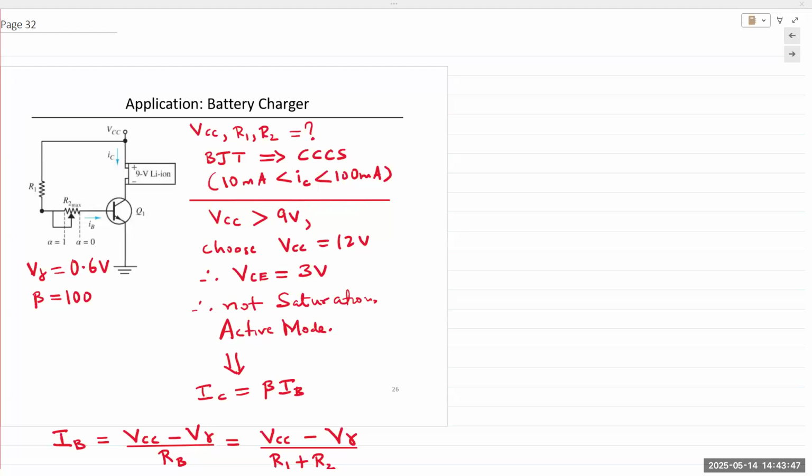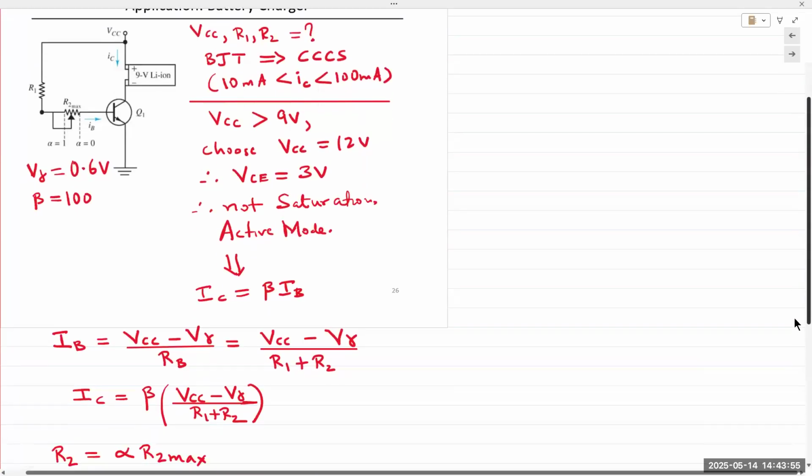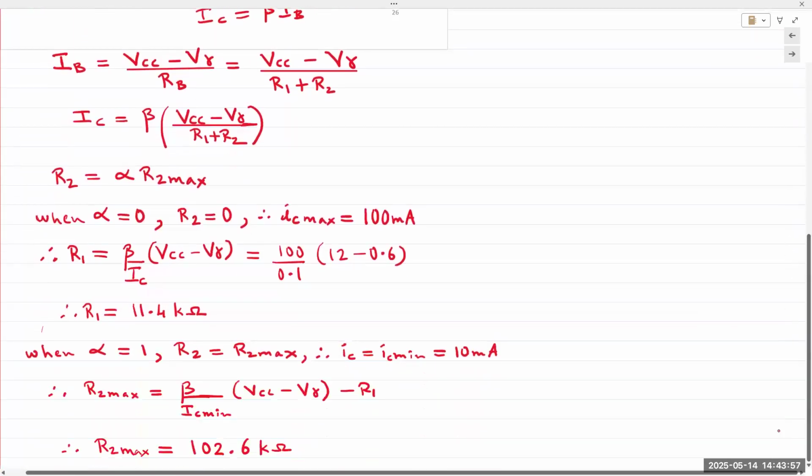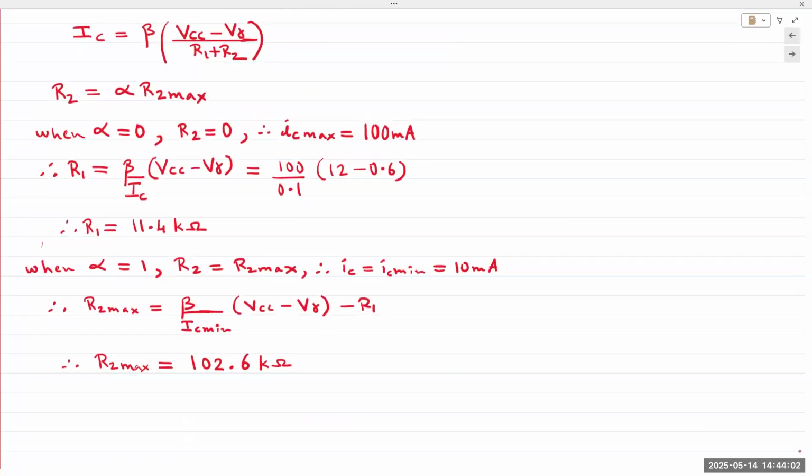Any other questions? All right. So once we have that, we can find R2 max. When resistance is at maximum, the current would be at a minimum. So we plug in IC as 10 milliamps and calculate the R2 max value as 102.6 kilo ohms.